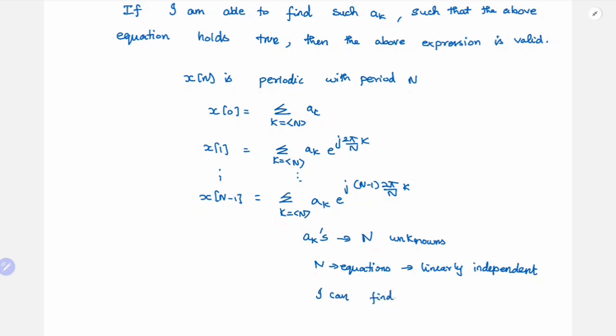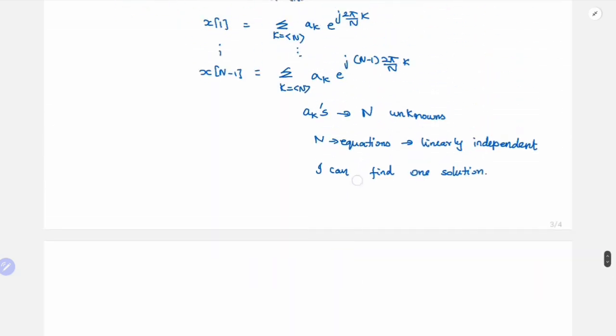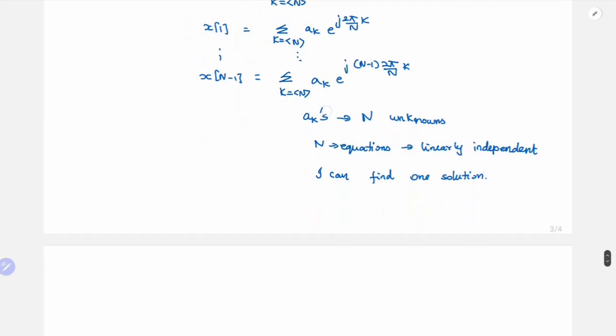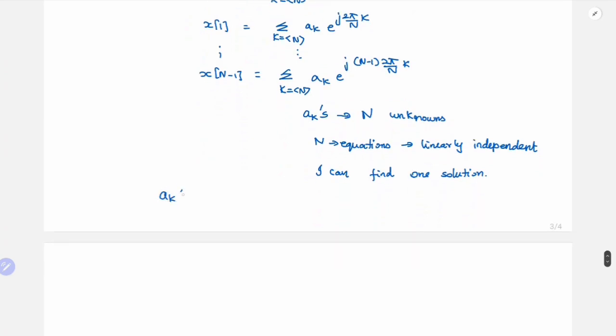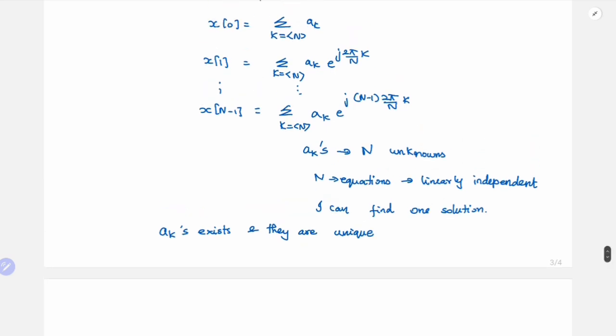I can find one solution, where all the unknowns I'll be able to find. So this proves that the a_k's exist and they are unique. Unique meaning for a_0, there can be only one value for this given set of conditions, right?